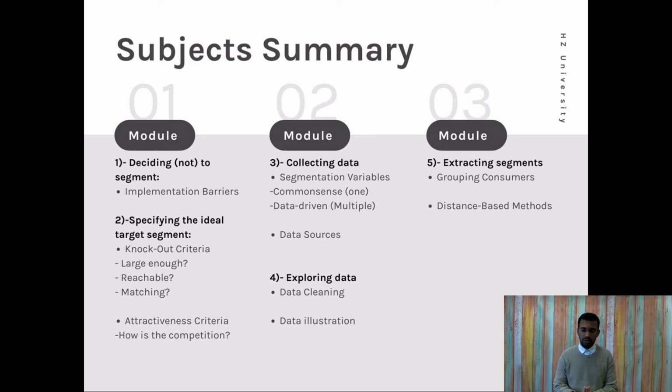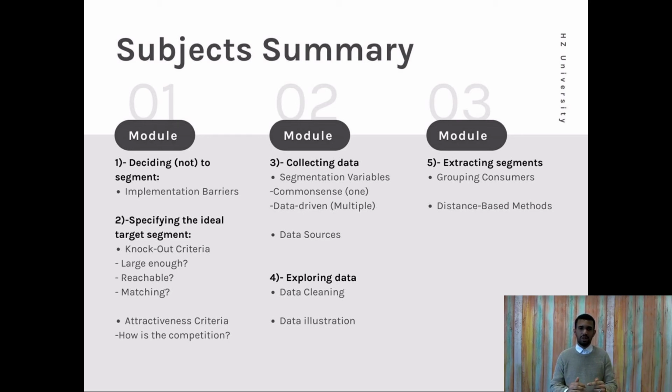Moving into module 3, which was extracting segmentation. Here, let's say we are targeting Asians with a certain income, and Albert Heijn is going to bring these target groups together, where the consumers have less distance between each other. This drives us into what we call a distance-based method.